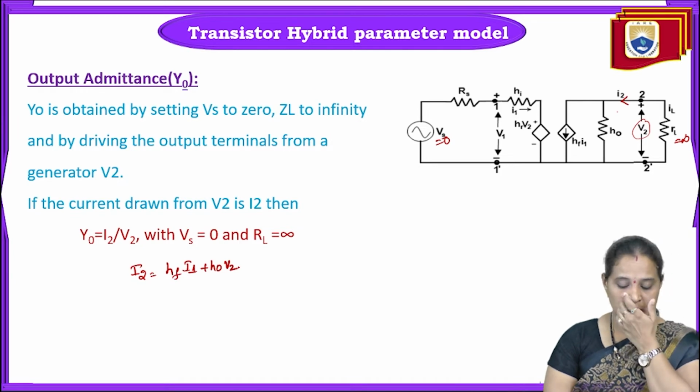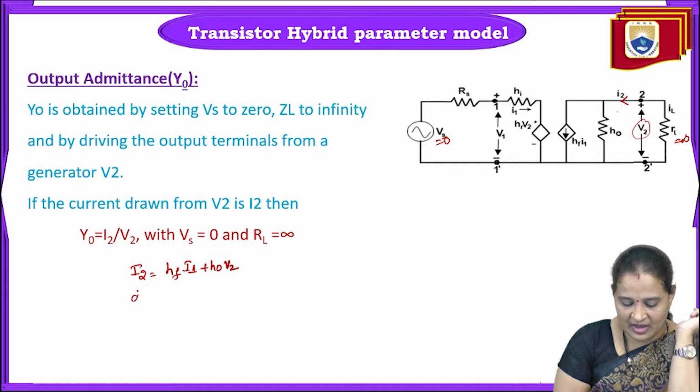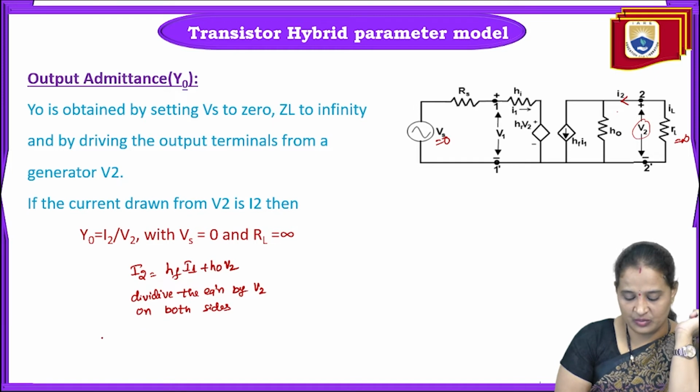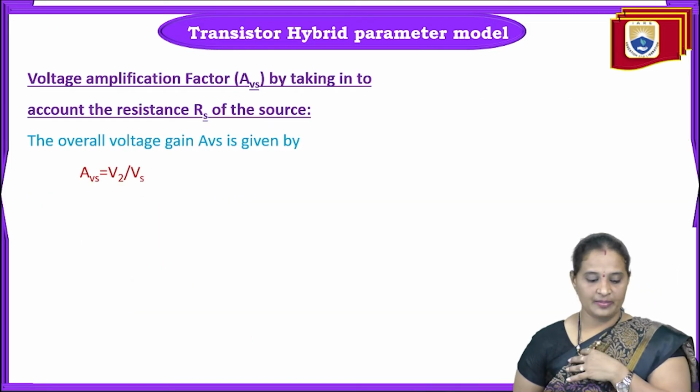Now divide this equation by V2 on both sides. So I2 divided by V2, then HF into I1 divided by V2, plus HO into V2 by V2. This one gets cancelled.